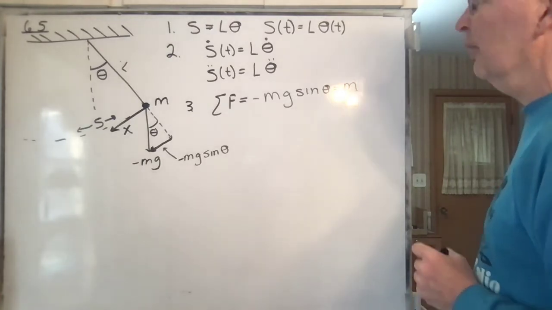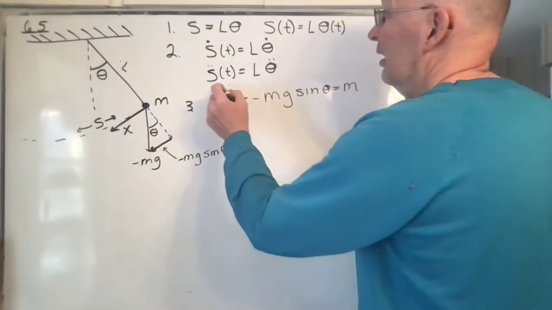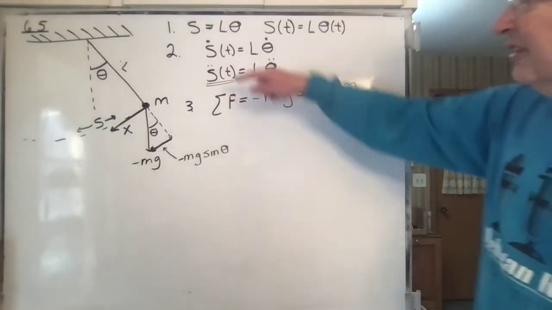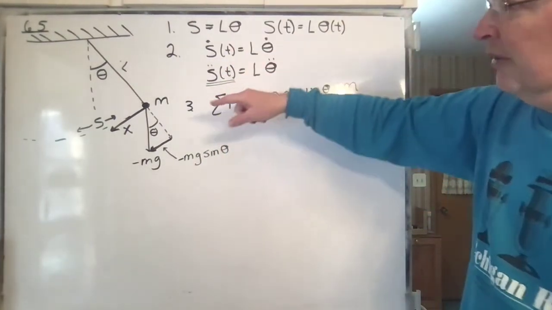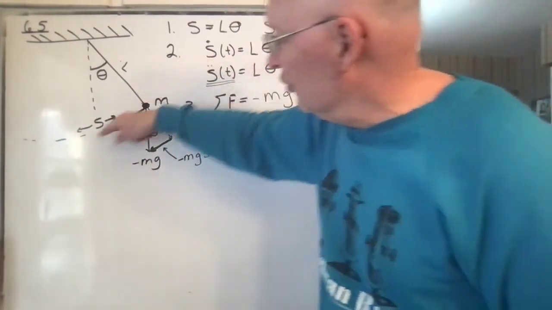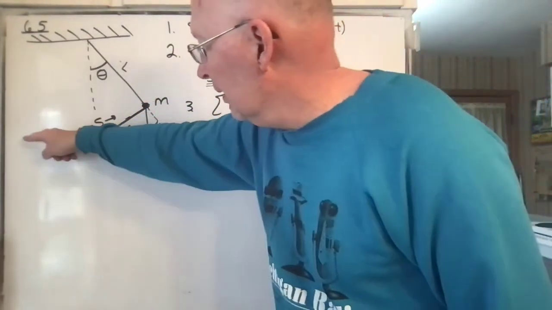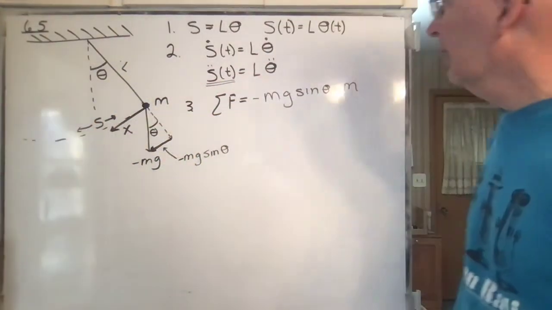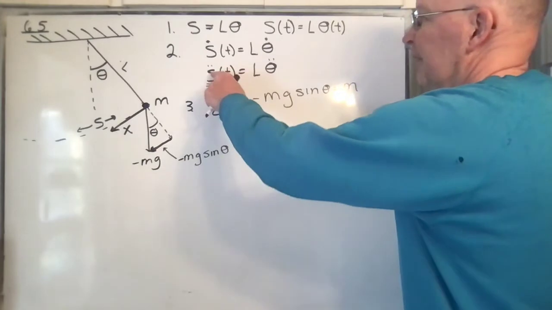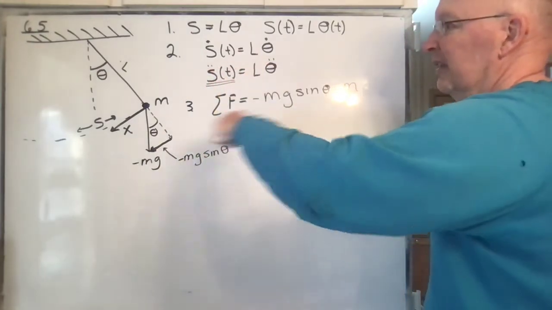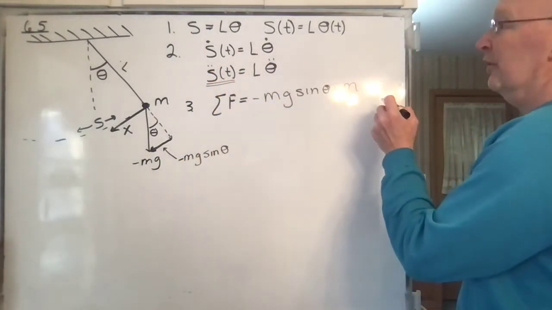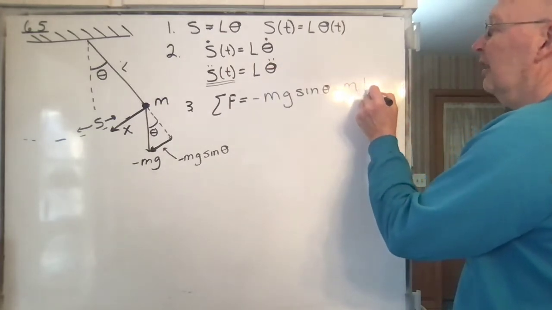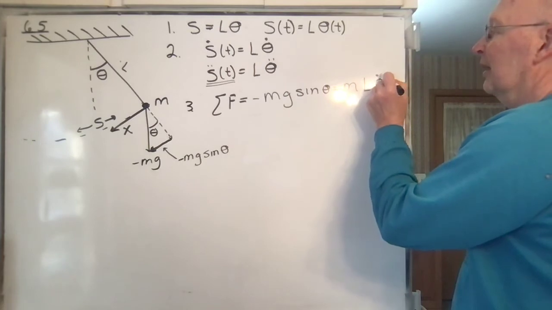And now your acceleration is the second derivative of your position, right? S is your length along the arc here, and so the second derivative of that is going to be S double prime, and S double prime is just going to be L theta double prime.